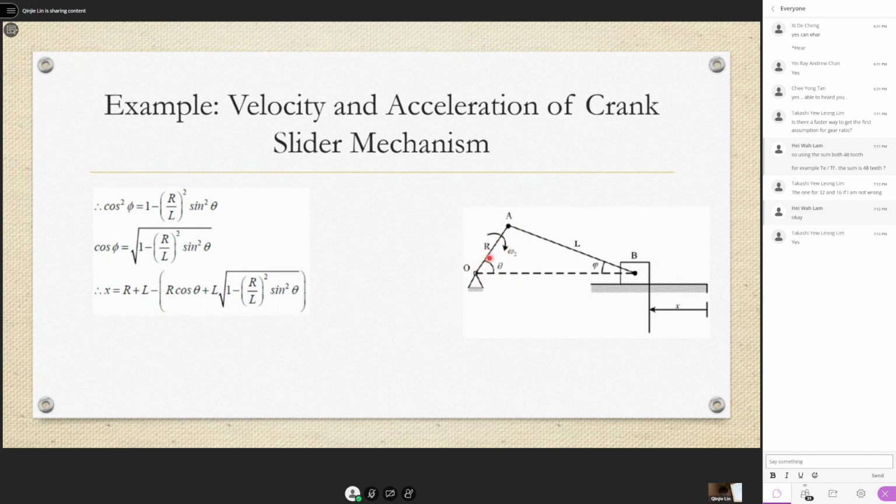At any point, you know the theta. Wherever this rod OA is, you will know the theta for that particular position. So with this equation here, you will know where B is if you know where OA is. Basically, this equation describes that.